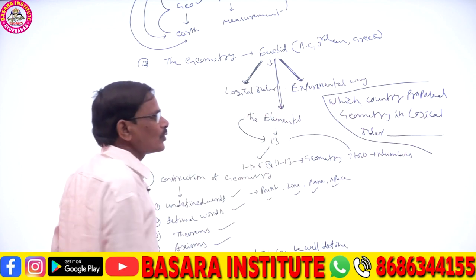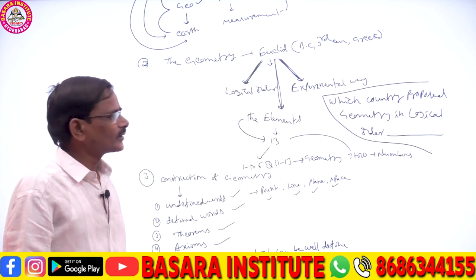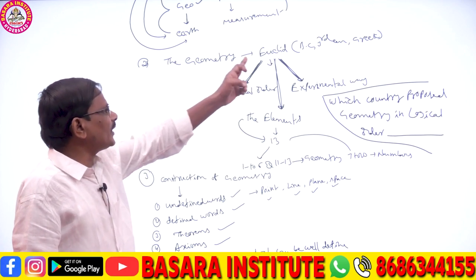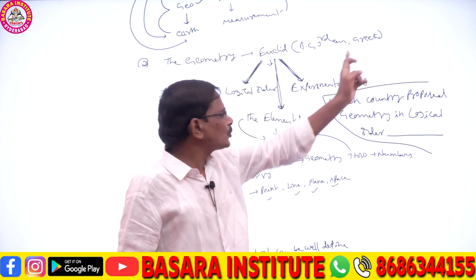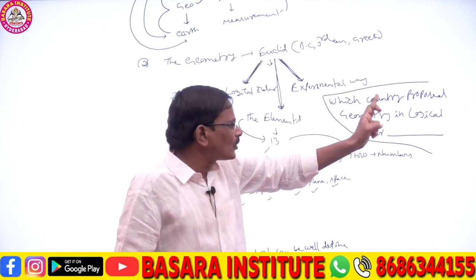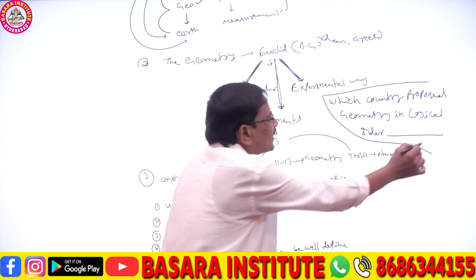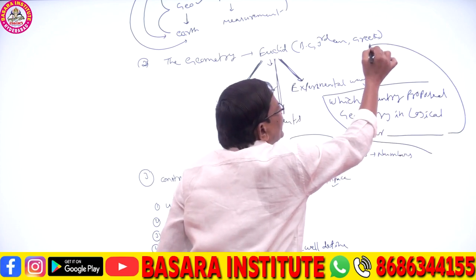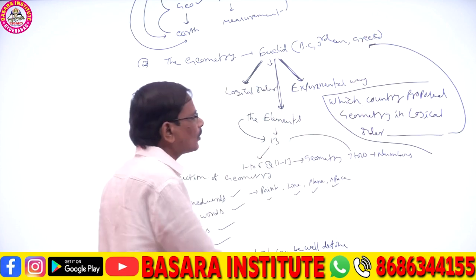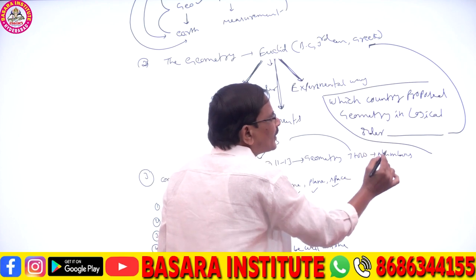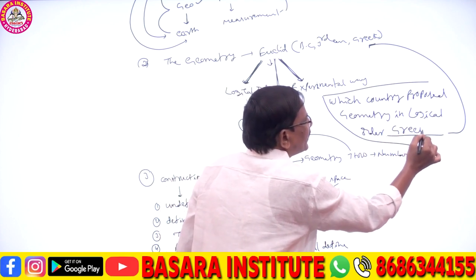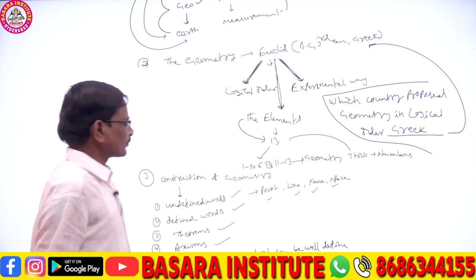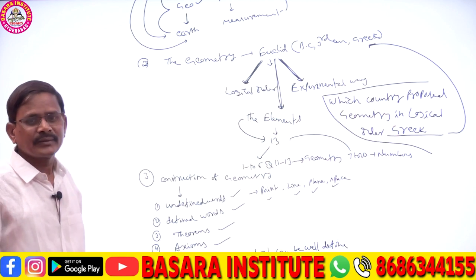Who is the father of geometry? Euclid. He belongs to which country? Greece. So the country that proposed geometry in logical order is nothing but Greece. So this is the second point.